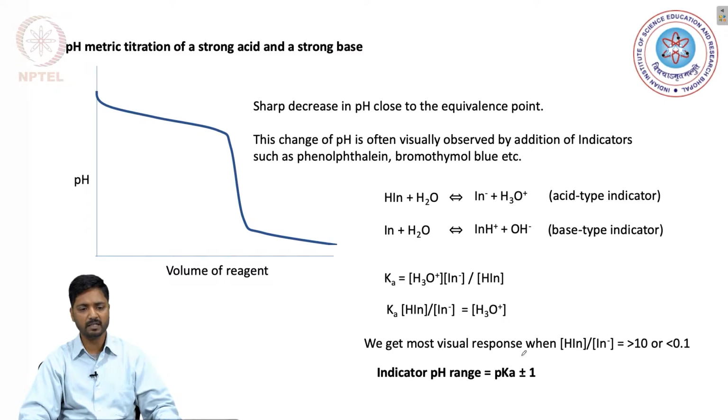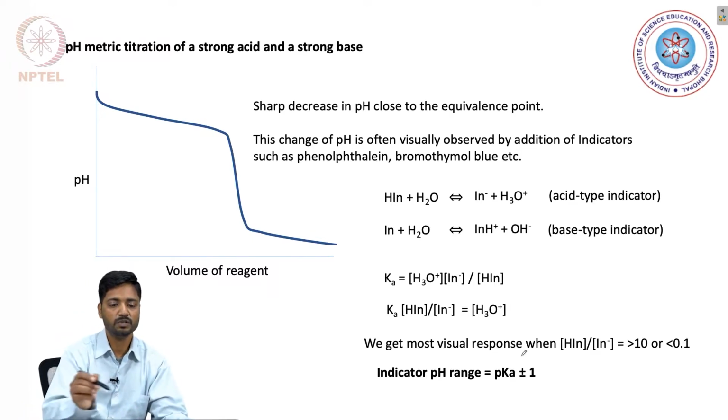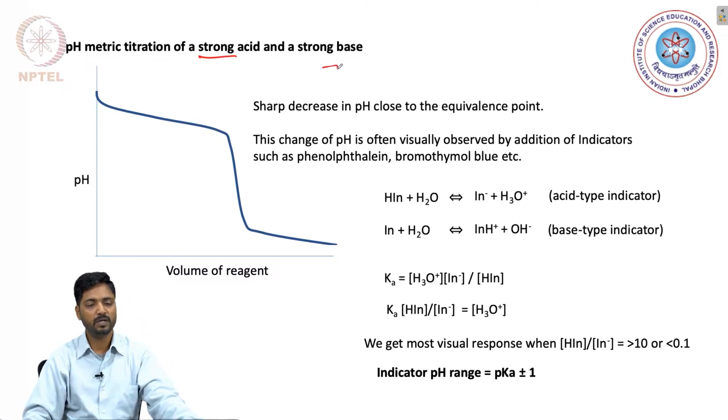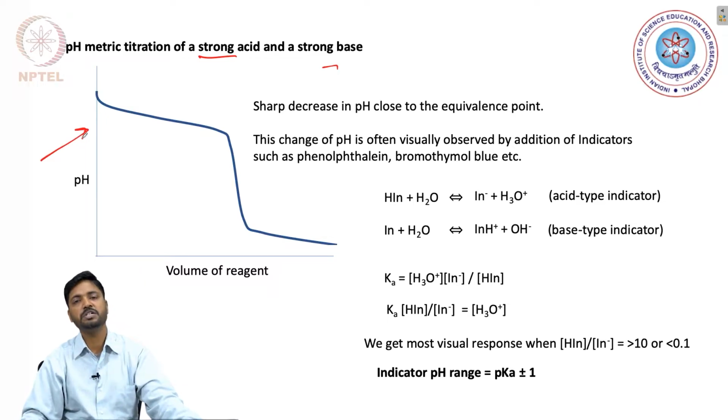So, let us look at some pH metric titrations that can be performed using acids and bases. As our first example, we will be considering the titration of a strong acid with a strong base, and what I have plotted here is the change in the pH of the solution of the base to which acid has been added.